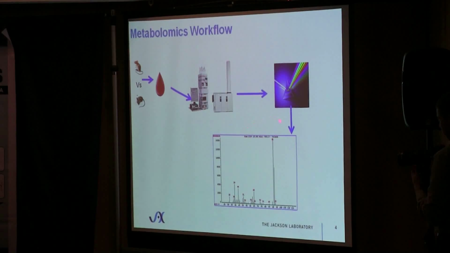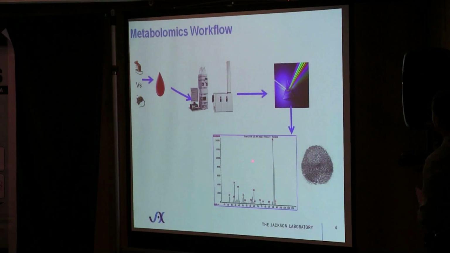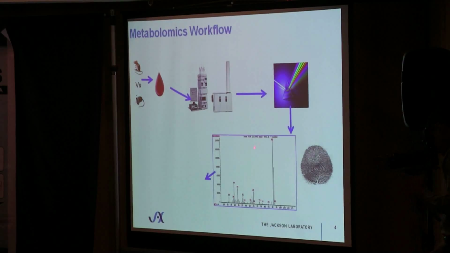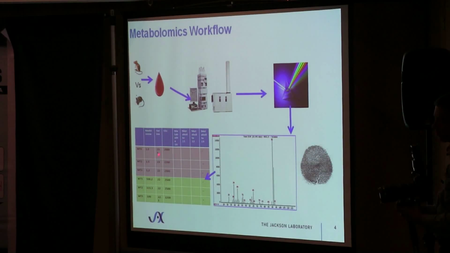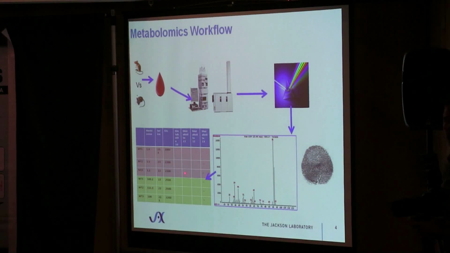And you recognize each component by a specific fingerprint, which is called the chromatogram. And finally, you have this kind of data, metabolomics data, where you have for each sample, so I'm showing mutant versus wild type, and you have different metabolites and the relative concentration of those metabolites.